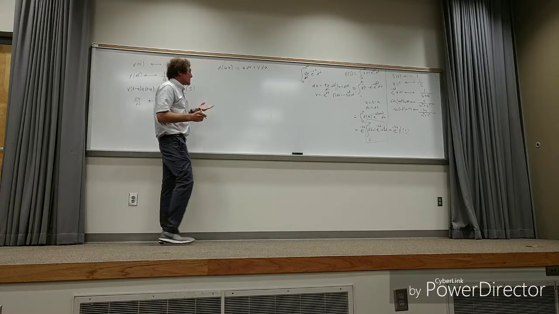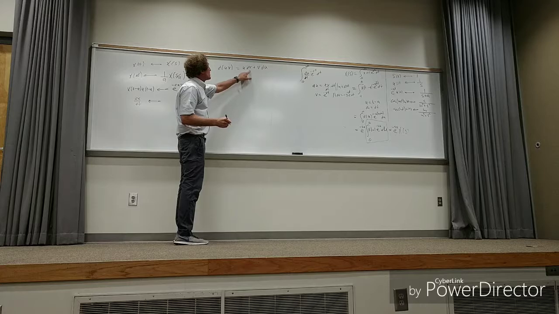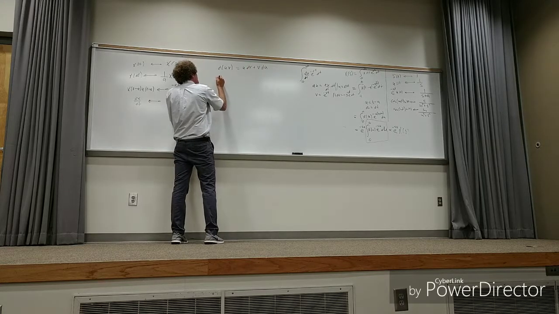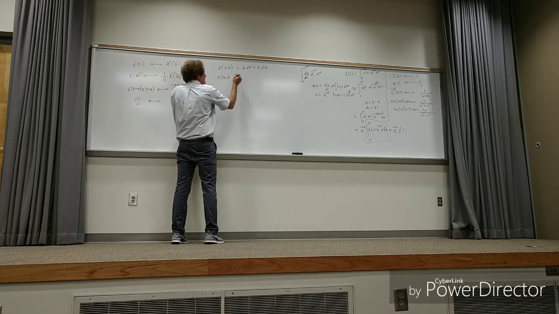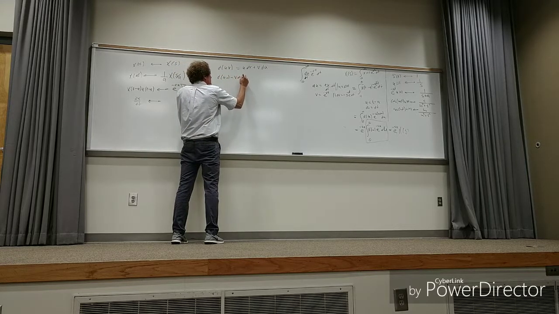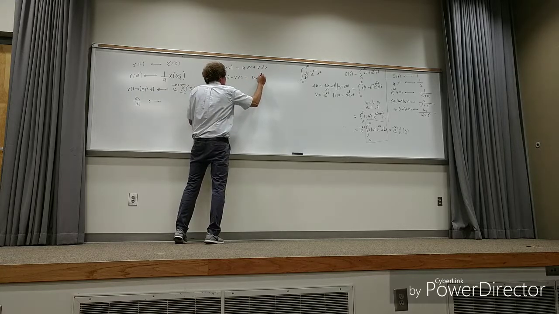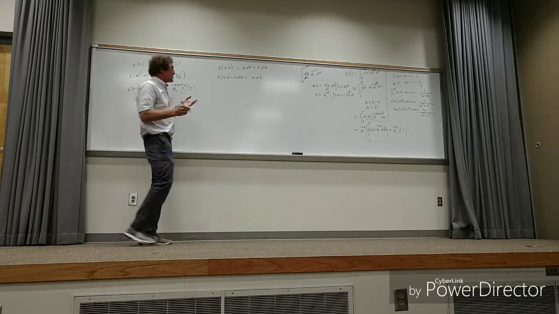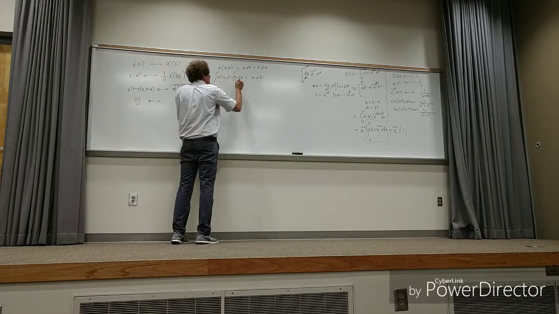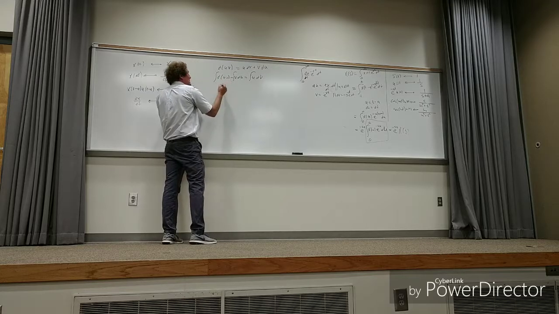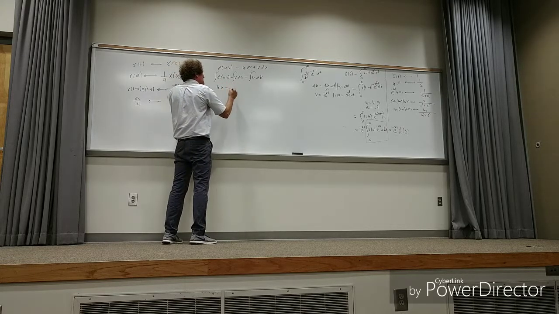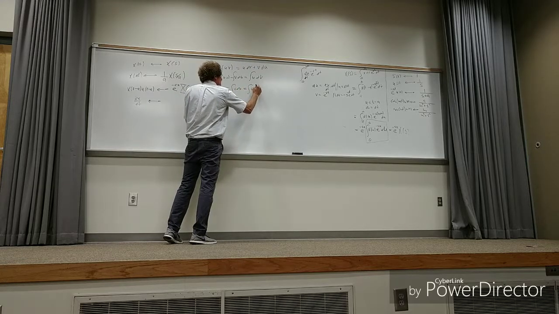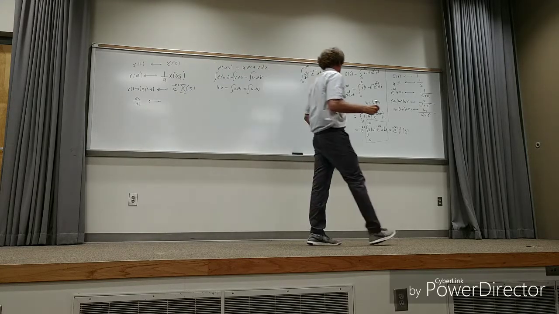Now, if I want the integral of u dv, then it's going to be equal to d of uv minus v du, right? Correct? And then you integrate it. Well, if you integrate a differential, you simply get uv minus the integral of v du, is equal to the integral of u dv. The way it's done.